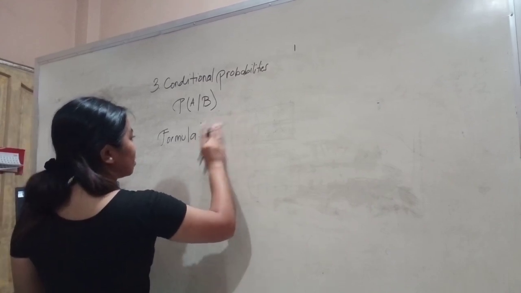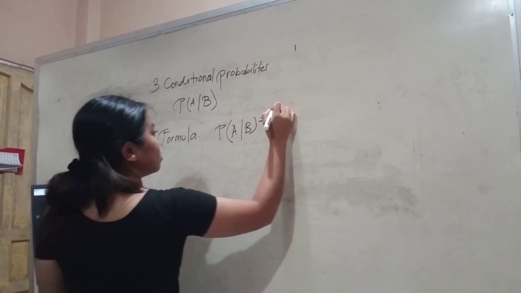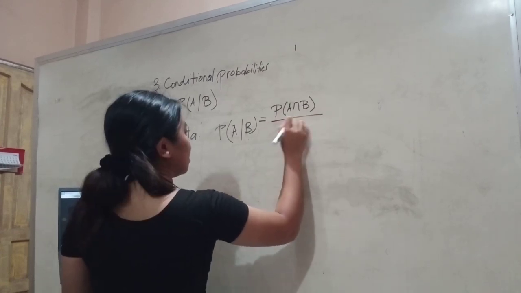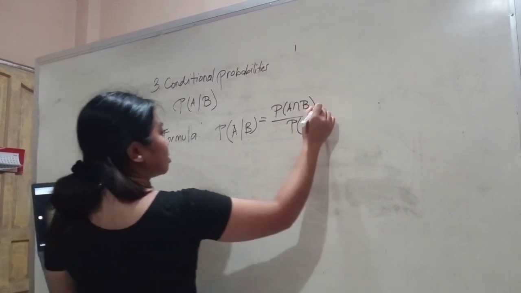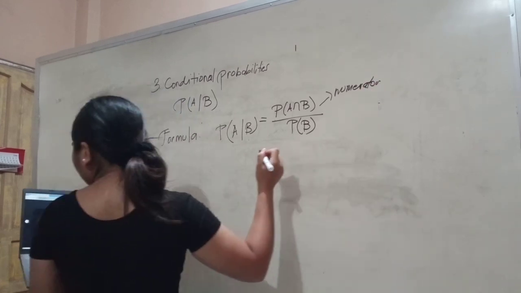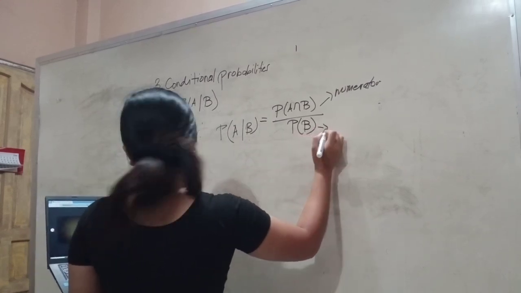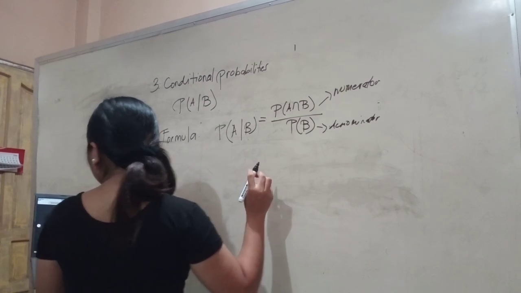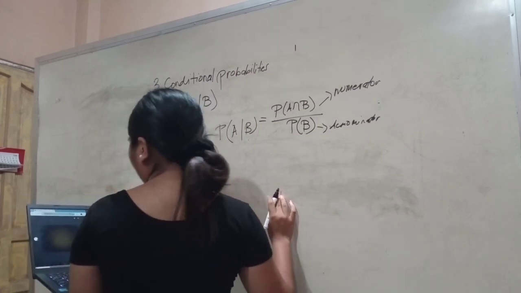The probability of A given B is equal to the probability of A intersect B over the probability of event B. The numerator is the probability that both A and B happen, and the denominator is the probability of B. So we are restricting the sample space to B and asking what fraction of B is also A.